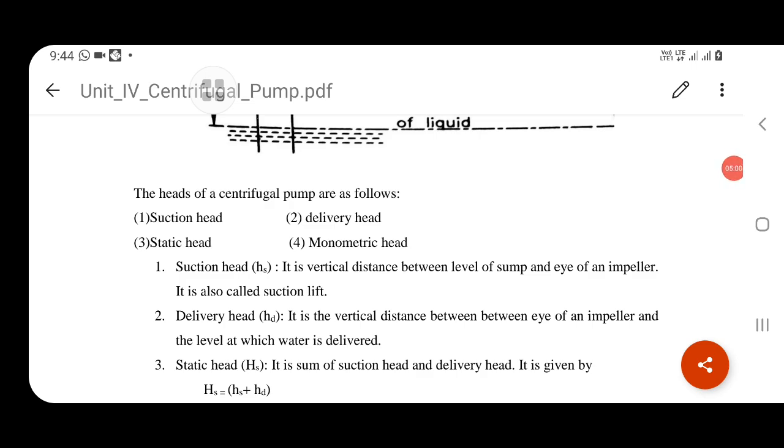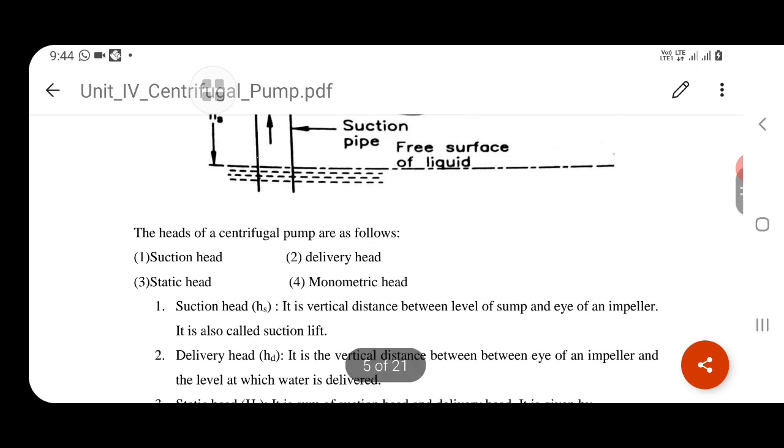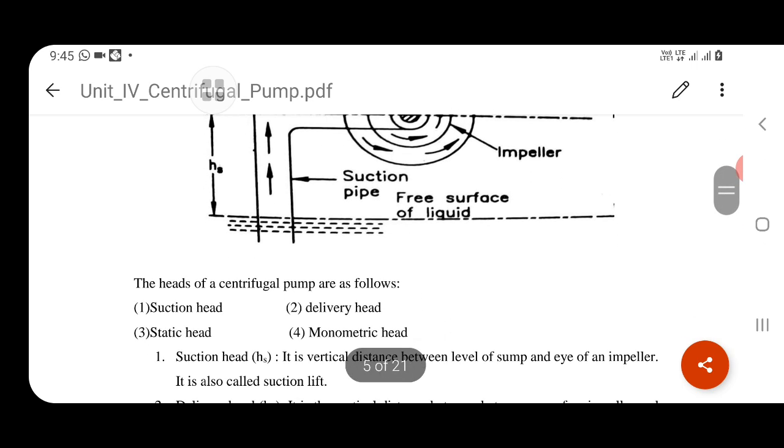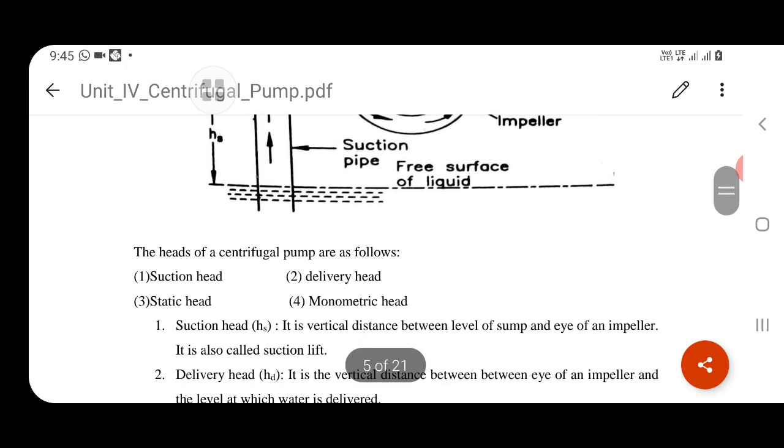So firstly, suction head. What do you mean by suction head? Let's see the figure. Let's call it HS. The vertical distance between the level of sump and the eye of impeller is called suction lift. Again I repeat, it is the vertical distance between the level of sump and the eye of impeller.